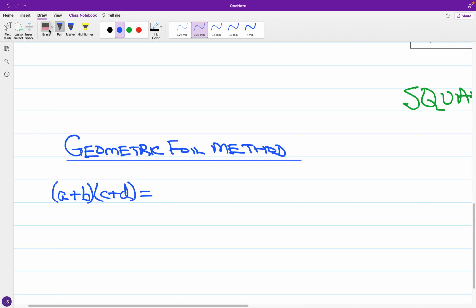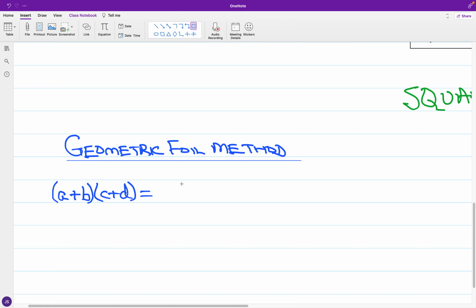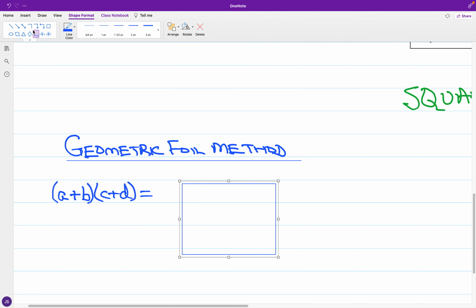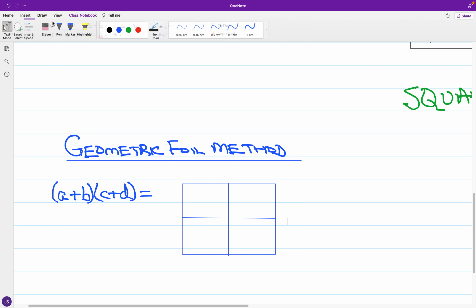So you have A plus B times the quantity C plus D. Here, you have A plus B and C plus D. With the corresponding portions, if we look column by column starting from the top, in the first cell you have A times C, then going down, we have plus AD.